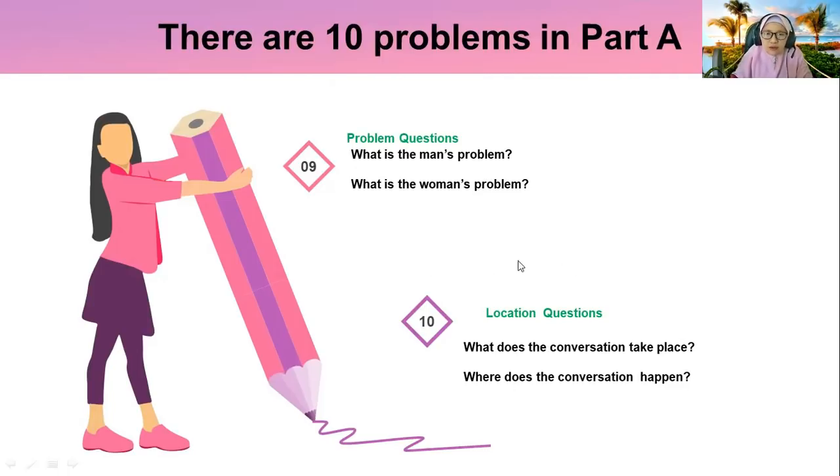Okay, and then the last problem is the location question. The location question mostly discusses where the conversation takes place. The multiple choices will be different places that you have to choose referring to the conversation.